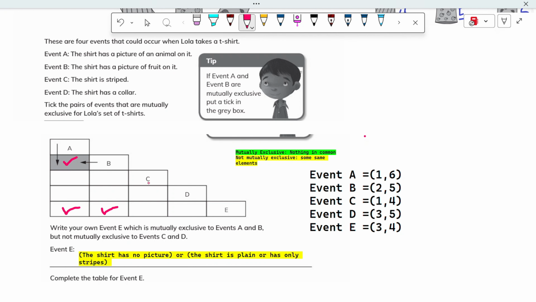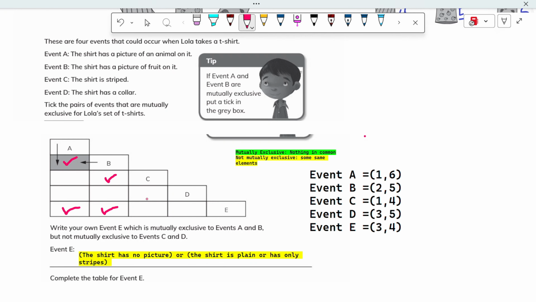Now to event A and C, which I'm going to take this box over here. Event C and A, I can see that entails shirt 1. That means that they have something in common, not mutually exclusive. Now event B and event C are mutually exclusive, nothing in common.